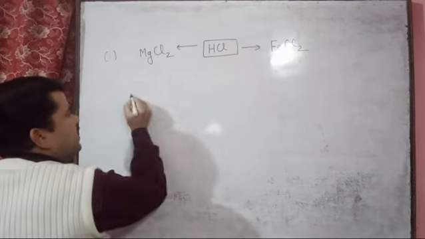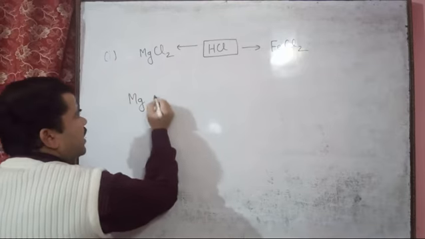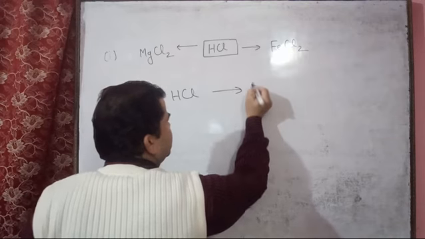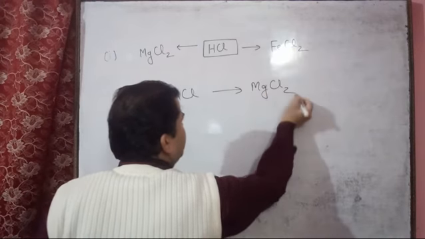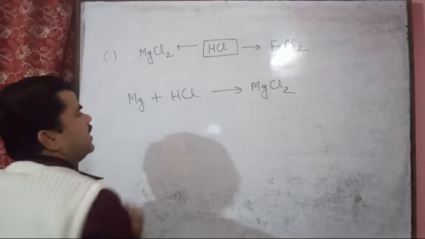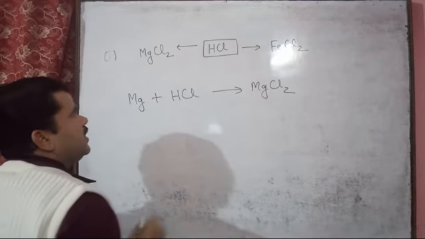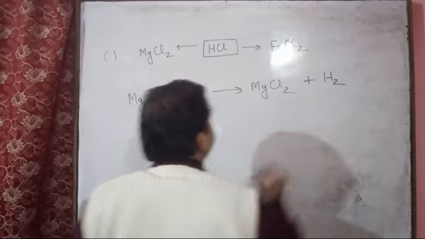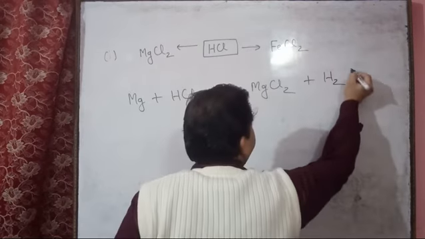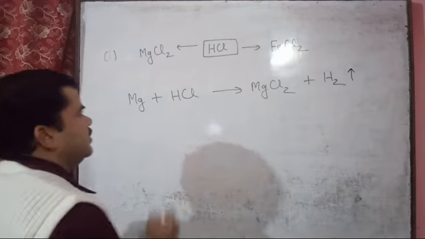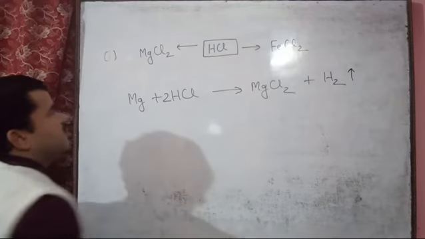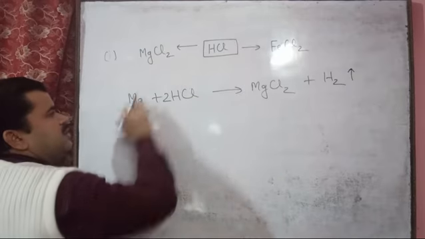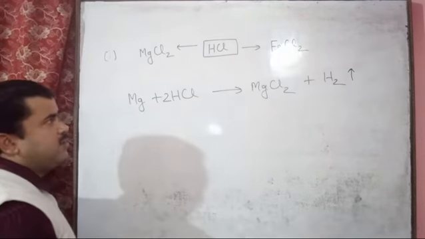So how can you get? If the magnesium reacts with the HCl, we will get magnesium chloride plus hydrogen gas. So here magnesium reacts with the HCl, we get the magnesium chloride, means this equation you will take for this.